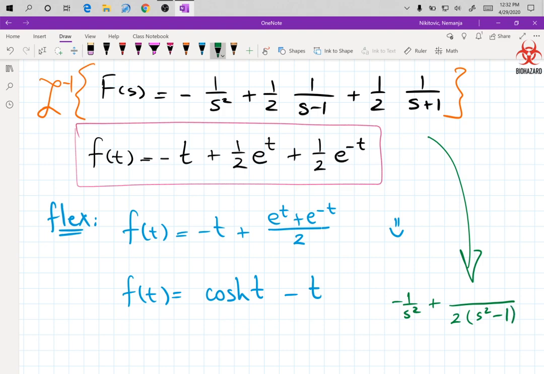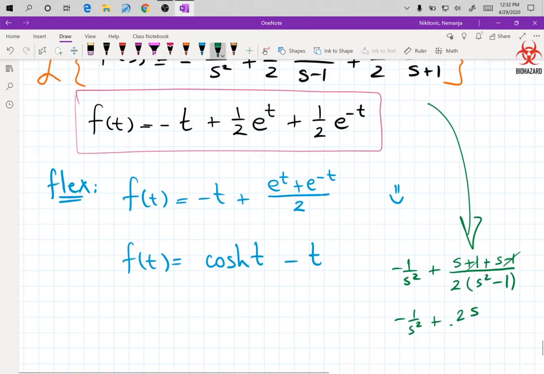That's going to be s plus 1 plus s minus 1. So now those cancel. So it becomes negative 1 over s squared plus 2s over 2 times s squared minus 1, then the 2s cancel, and s over this, good. S over s squared minus 1 is the cosine hyperbolic. Ha! So there's that.